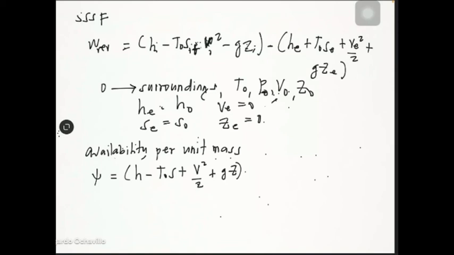Can you go back to the formula for availability per unit mass? Okay. This is the formula here, that is the availability per unit mass.